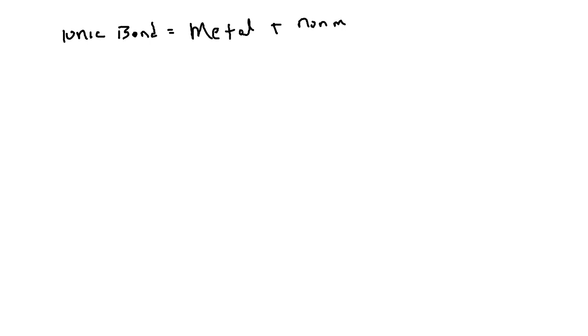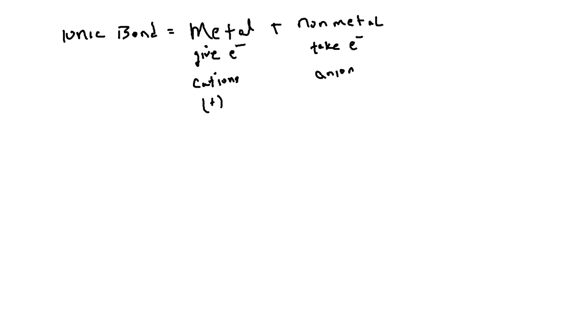Again, metals give electrons away, and nonmetals take electrons away. So these want to be cations, plus, and these want to be anions, negative. And I think we've talked about this.